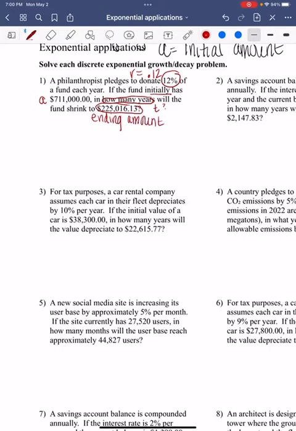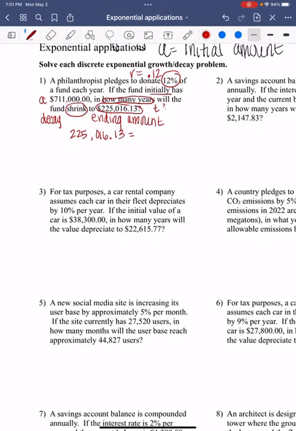Okay, so let's just set up the equation. First of all, it says we're going to shrink, so that's decay. All right, so I'm going to have y, which is $225,016.13, which seems like a strange amount, but it actually makes the problem come out pretty nice.